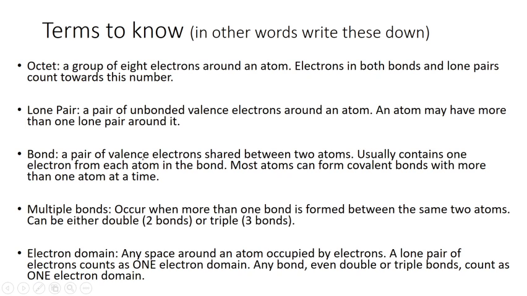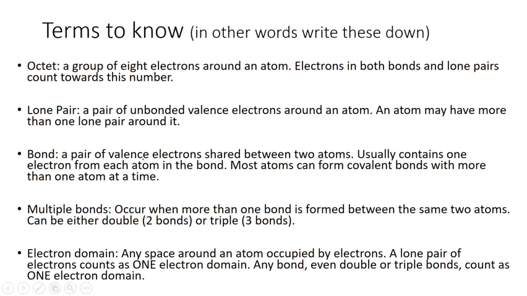Now, if you're saying, what's a lone pair? I don't know what that is. Hold on about 2 seconds, because the next definition, right here, lone pair. A lone pair is a pair of unbonded valence electrons around an atom. So an atom may have more than one lone pair around it, which we will see when we draw some diagrams.